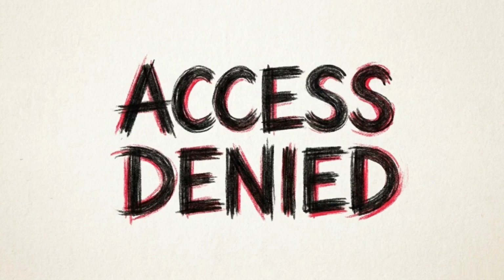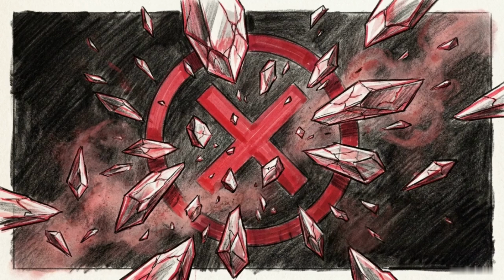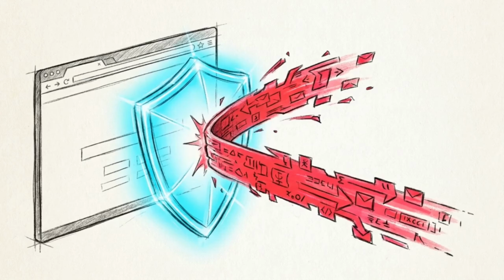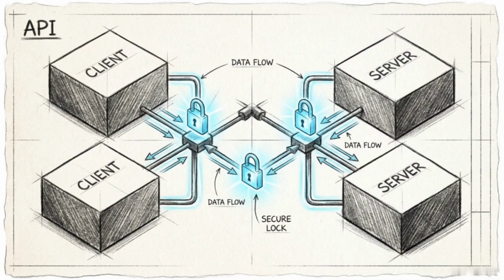It registers a critical spec violation. The browser actively destroys the response payload in memory and throws the CORS error to the console. This console error represents a successful interception, effectively neutralizing a high-risk data breach before the payload ever touches the application layer.